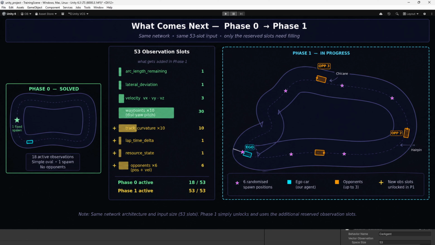We can have static opponents. It should be able to avoid them if you want to overtake. The 35 reserve slots in the observation vector are already waiting for those features. Like there is the curvature of the road. For now, we only have a very linear road, but we can have curves in the road.